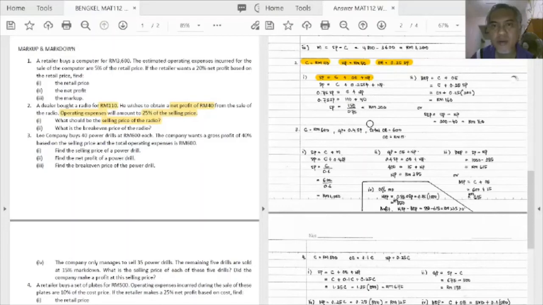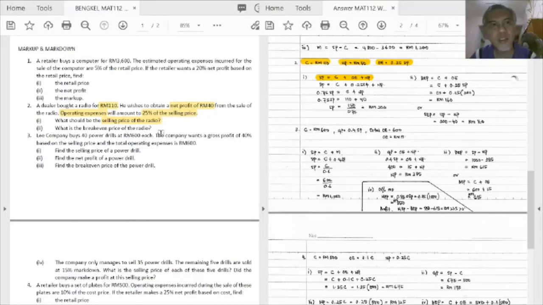Substituting those values, you get 150, and then solve for the selling price. You get 150 divided by 0.75, which gives you 200 ringgit. Okay, so that is the first part of the question, requesting you to find the selling price.